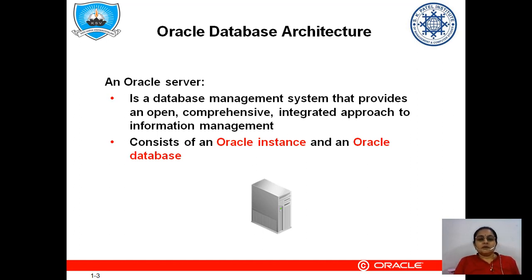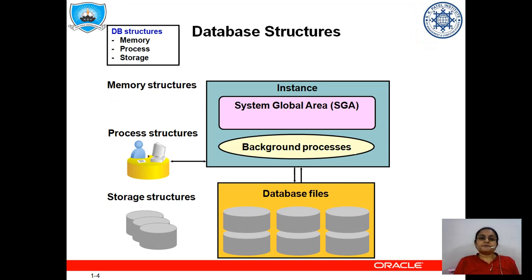When we start the Oracle database system, we can divide it into two parts: one is the Oracle instance and the other is the Oracle database itself, which resides in storage, while the instance resides in memory. With this base note, we will proceed to understand the architecture.